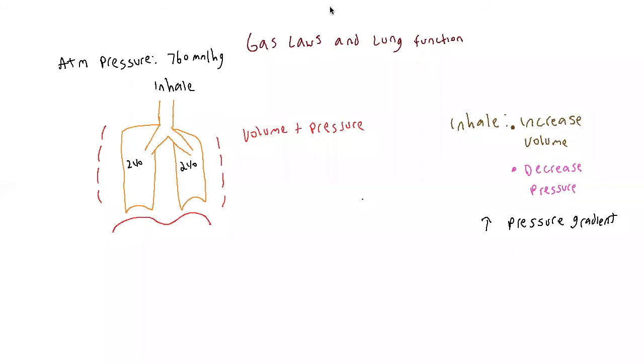Okay, so atmospheric pressure is not going to change. However, we can change the size of the lungs. And let's say that we're going to go ahead now and exhale. Now, if we exhale, what is going to happen is that we are going to decrease volume.